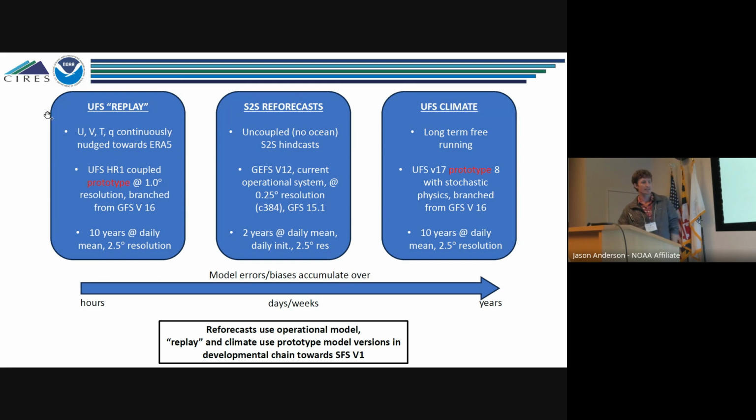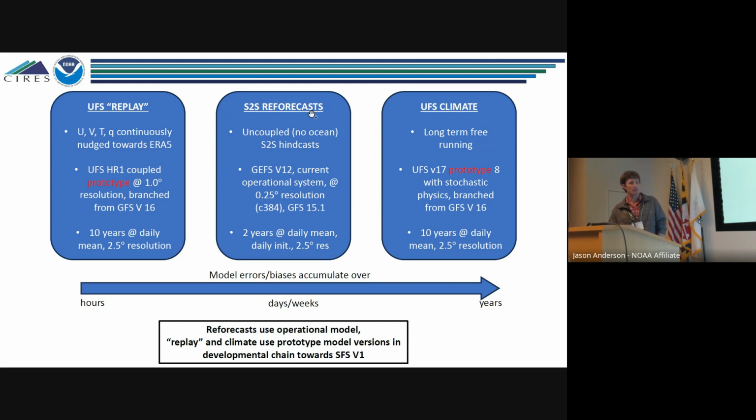So on the short end of that time scale, we're looking at the UFS replay. This is a simulation where winds, temperature, and specific humidity are essentially nudged towards ERA5. This is done with the UFS HR1 coupled prototype. And then on the far other side of the spectrum, we're looking at a free-running UFS climate simulation using the UFS version 17 prototype 8 with stochastic physics.